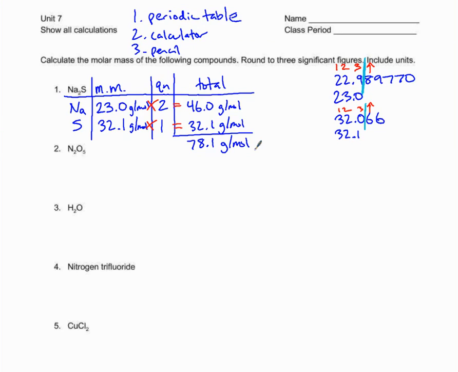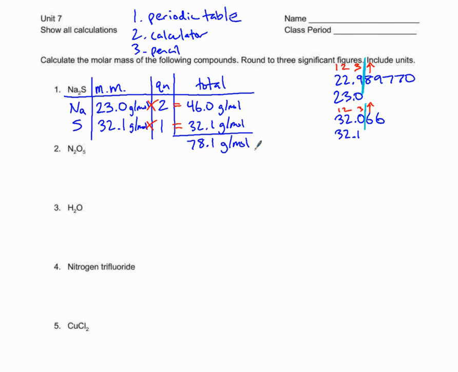This is 3 significant figures. Now, we use Prism. It doesn't grade significant figures very well, which means that I have to set the error limits really tight in order for it to catch this. So if you put this exactly 78.1, it'll give you the complete points.